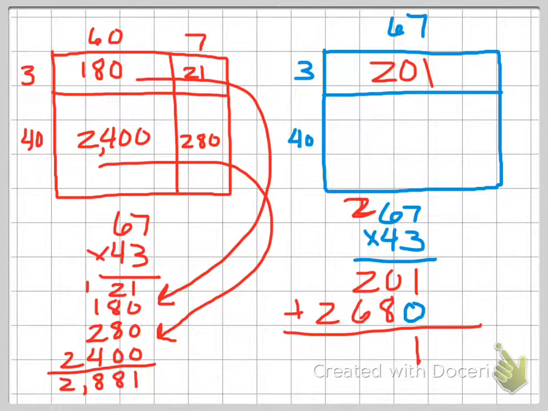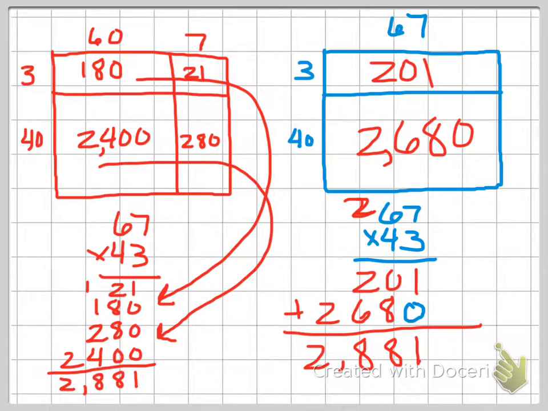First column is 1, 10's place 8, 6 plus 2 is 8, and then bring down the 2, 2,881. So this rectangle, the lower rectangle, the area of that was 2,680 units. And if I add these two numbers on the bottom of the partial products together, it will equal the same thing, and the same thing is true on the top.